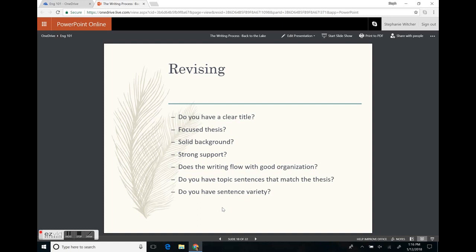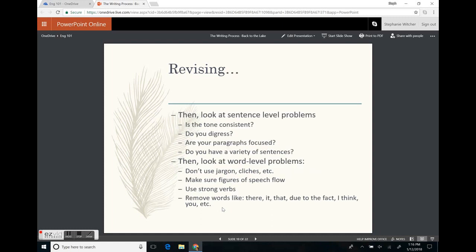And that includes not only transitions at the beginning of your body paragraphs, but sometimes transitions inside of your body paragraphs as well. Do all of your topic sentences match up with your thesis, or do you get off track? And then do you have sentence variety, or do you start every third sentence with I, or the, or a, or do you have a ton of simple sentences in a row? So you want to keep your sentence length varied.